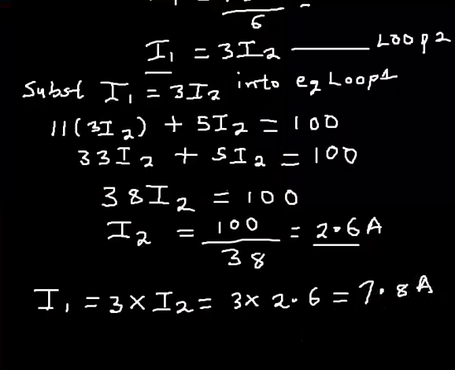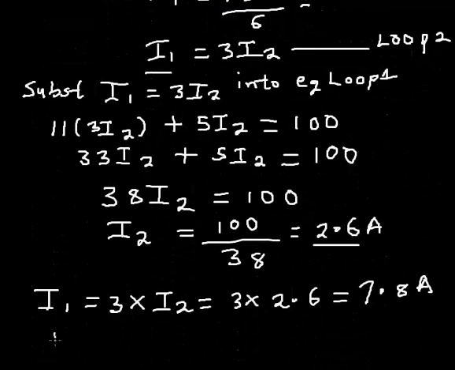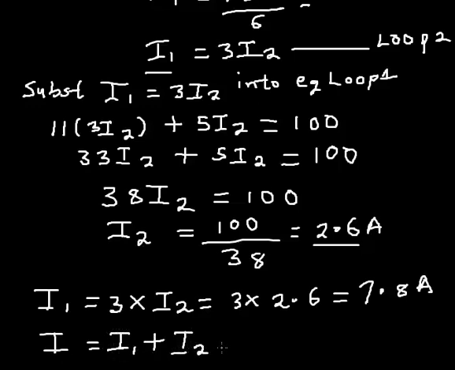Now remember there are three currents. We have the general current, which is I, the main current. The main current I is equal to I1 plus I2, which is 2.6 plus 7.8, or 7.8 plus 2.6, it is still the same.